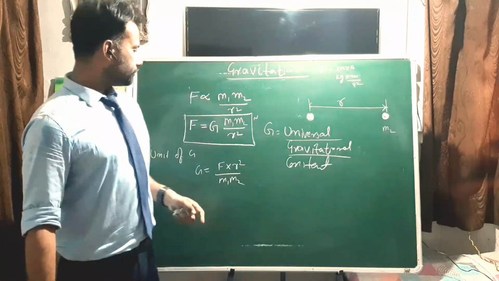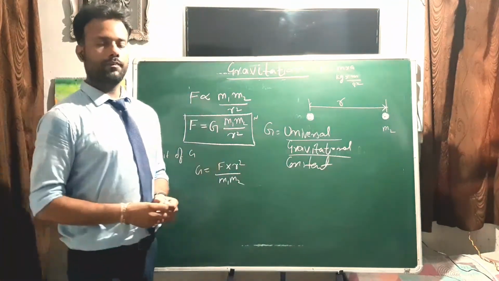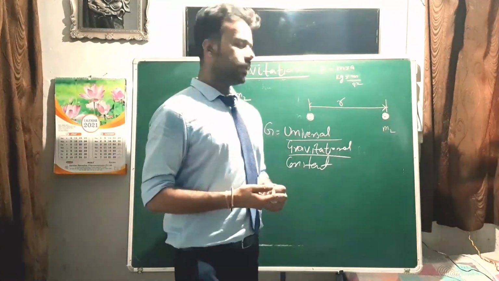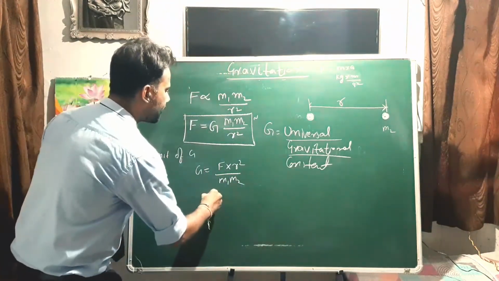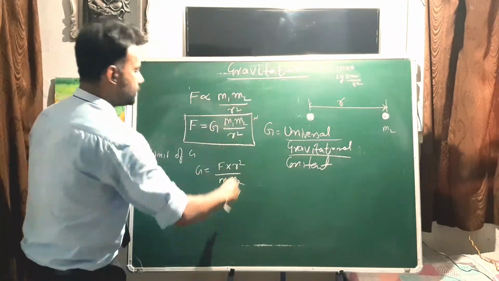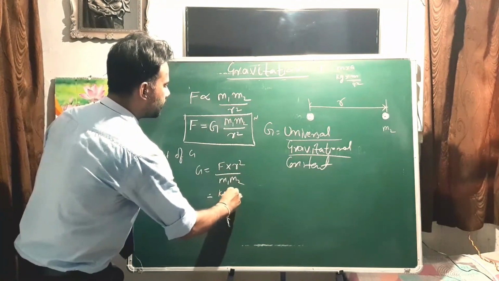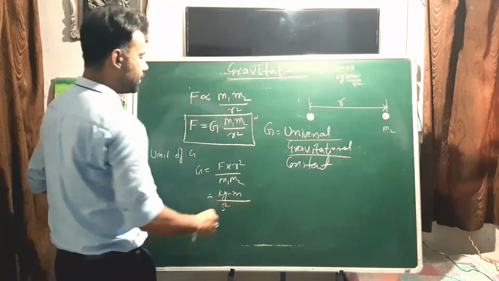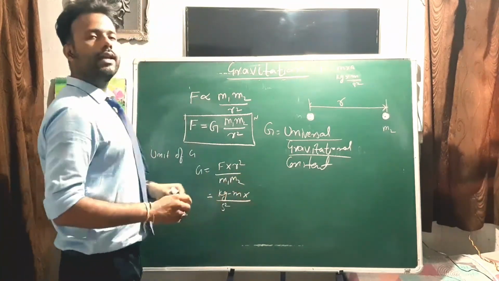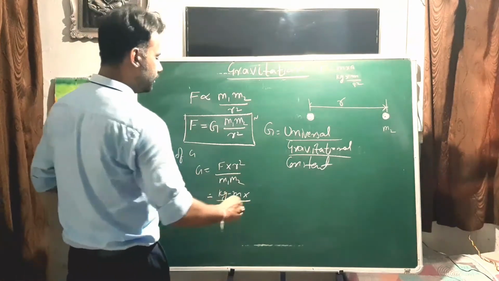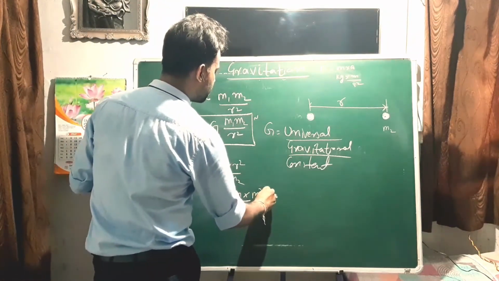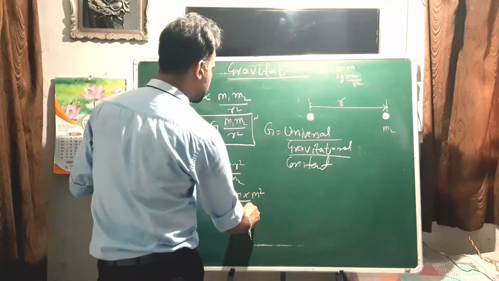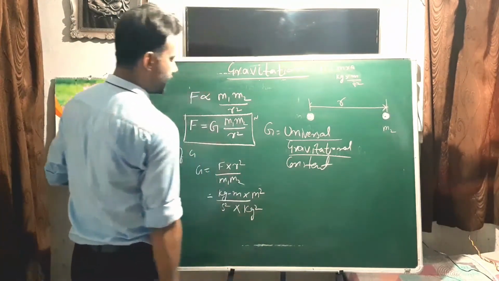So when we write the unit of force, we'll write kg meter per second square. This is radius, distance, that will be meter. So this will be meter square into, they both are masses, it will be kg square, right?